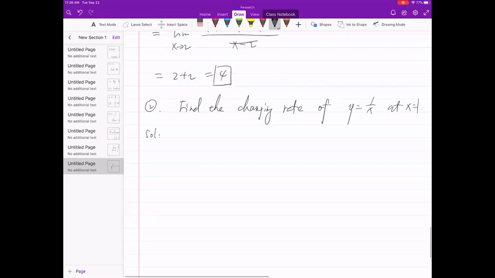Well, let's draw it. What's the changing rate here? At least I can tell the changing rate is negative because it's decreasing going from here.